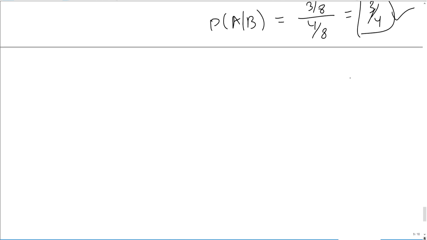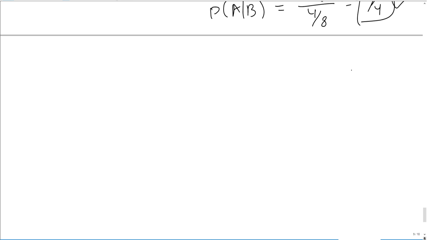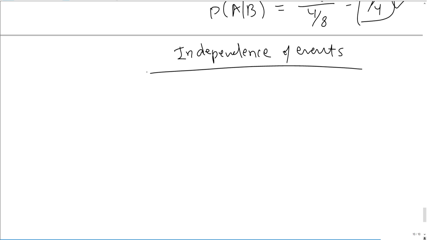Now, from conditional probability, we can easily think of another very interesting concept, which is independence of two events. When do we say that two events are independent of each other? So, let us say you have two events A and B, which belong to your event space F. In what situation can you say events A and B are independent? What does independence of events actually mean?